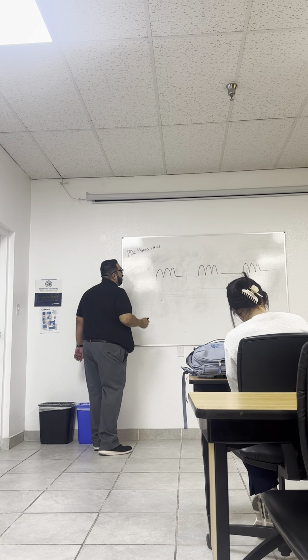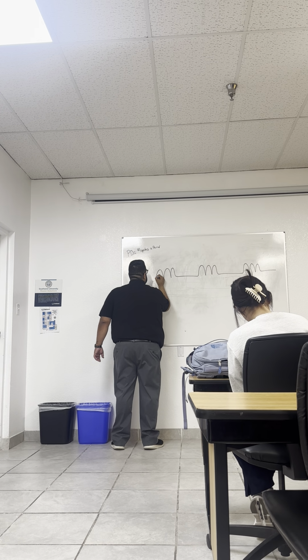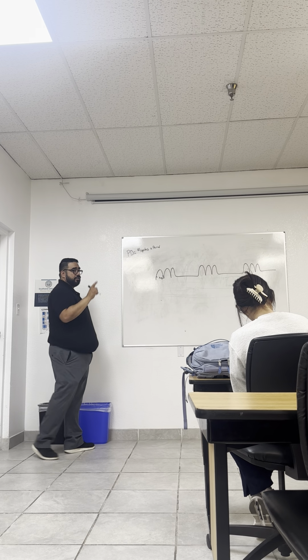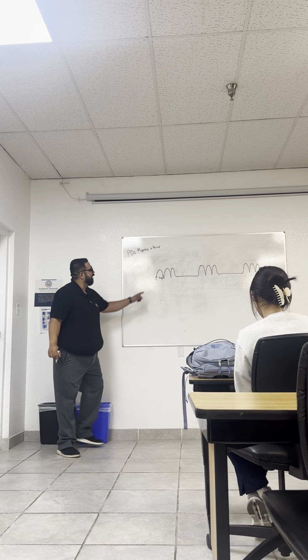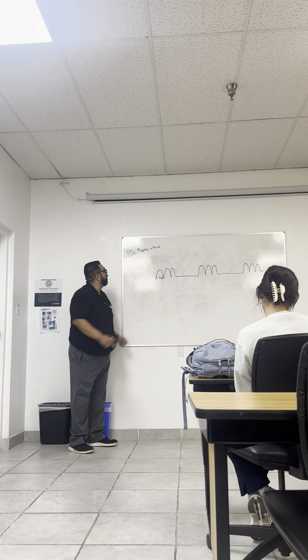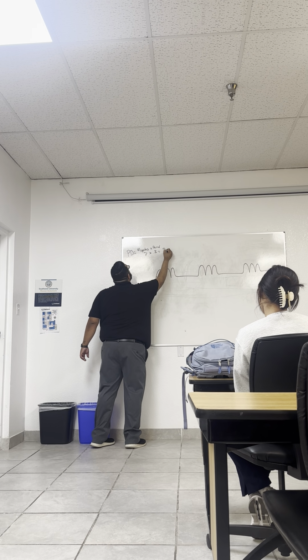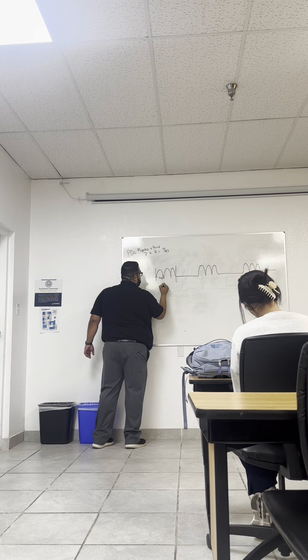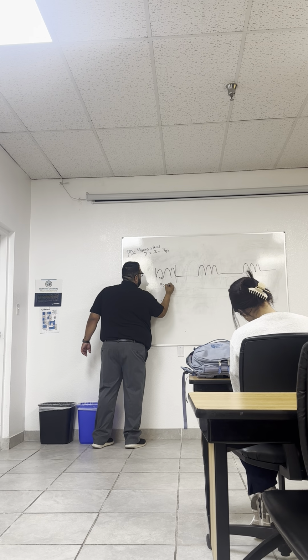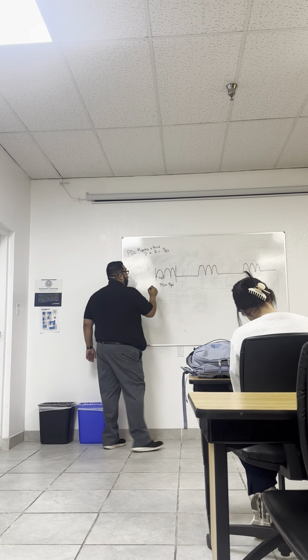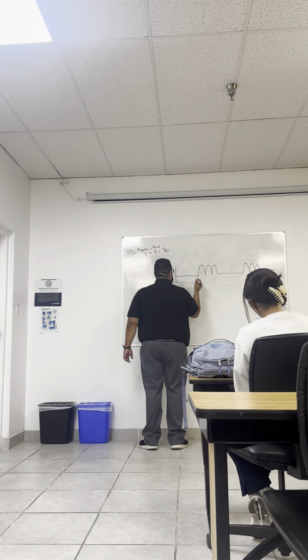Let's say that our period from here to here is 0.3 microseconds. What's our pulse duration? We have 3 cycles, right? So 3 times 0.3, 0.9 microseconds, very good. So our pulse duration is 0.9 microseconds.